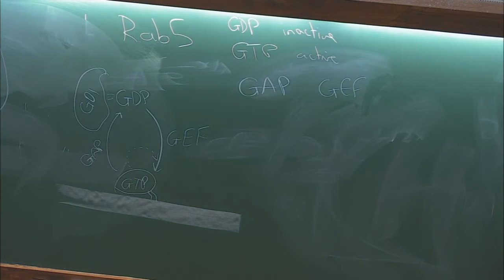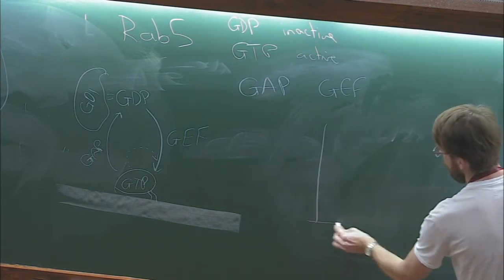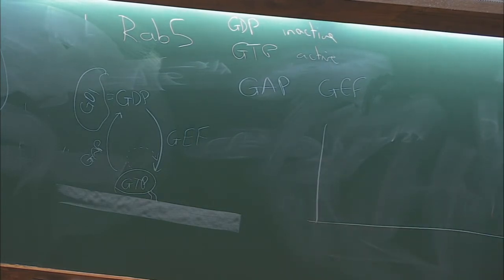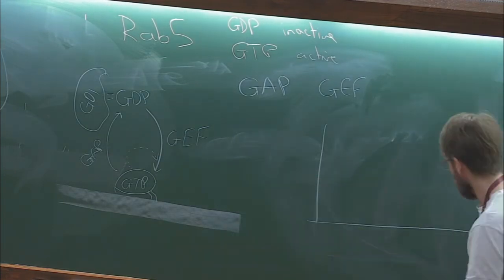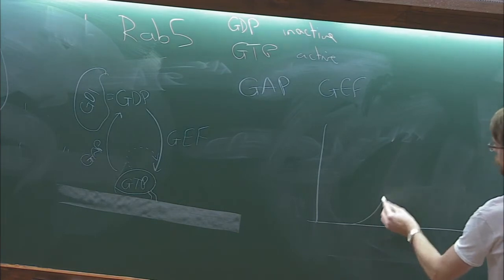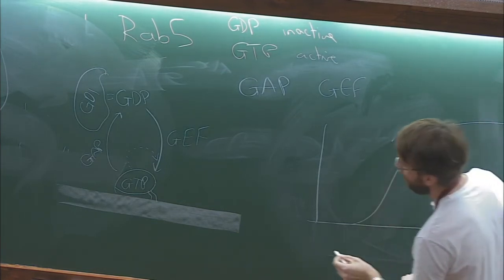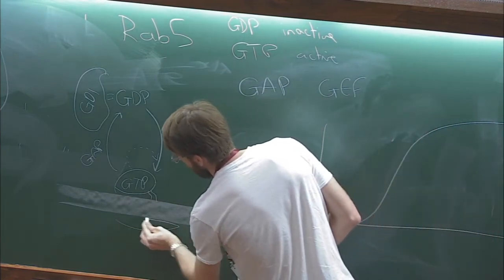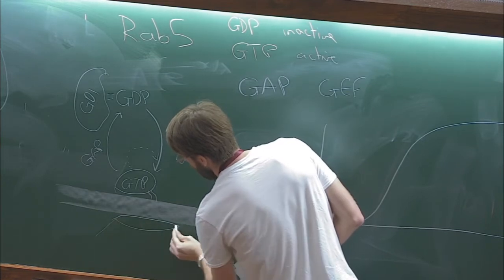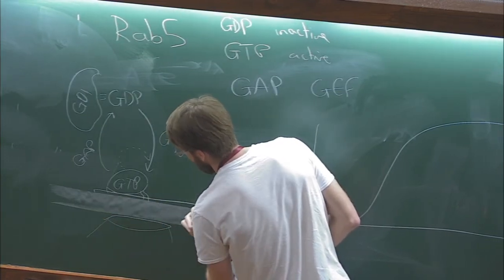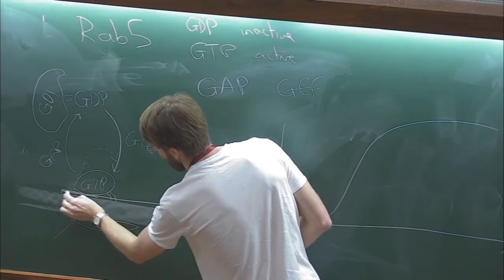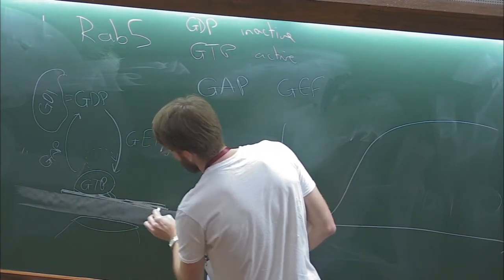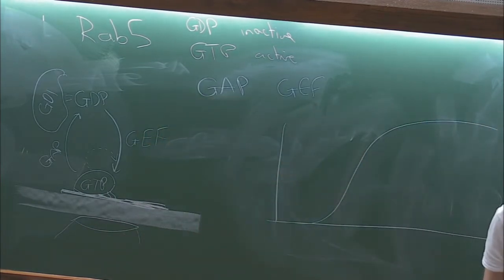And what they found was really quite remarkable, if you looked as a function of time, from the moment that they added the GEF. They were doing TIRF microscopy, which is basically a way of imaging only a very thin layer. I'm not going to go into why TIRF does that, but essentially you're just looking at the pool which is on the membrane, right?